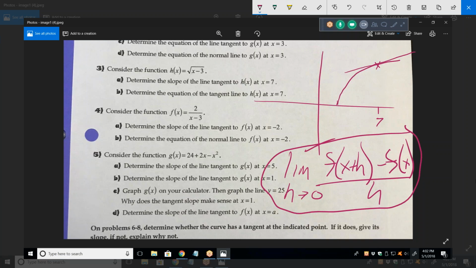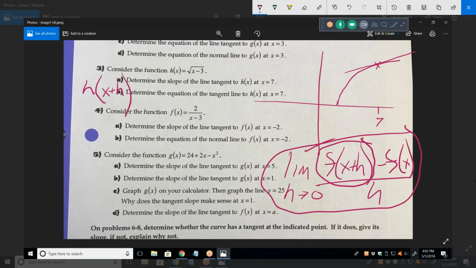And so let's figure out, always start by figuring out that. So tell me what f of x plus h is. These h's just happen to be the same.